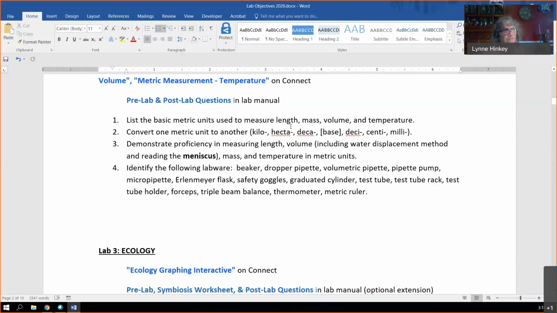So remembering what the prefixes mean is important. We have all those, but really what we're going to use mostly is kilo, and then centi and milli for the smaller ones. That's what we use primarily in the lab.